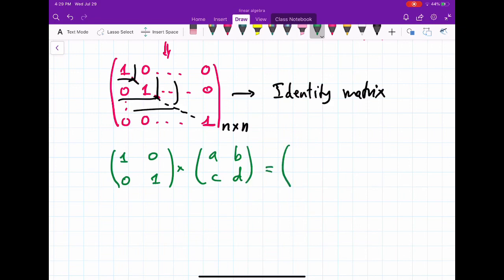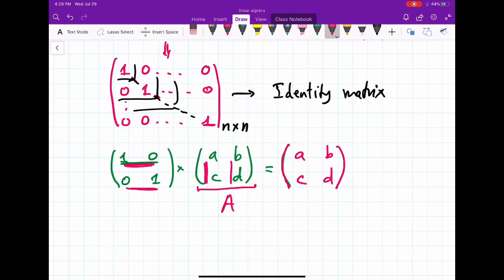So what do you have? You multiply the first row with the first column, you get A, right? The first row with the second column, so you have B in here. The second row with the first column, you have C, and you have D right here. So what is that? That means you multiply this matrix A with the identity, let's say I2. Let's denote this by In.